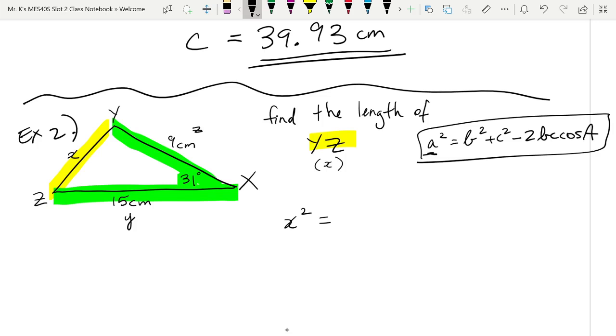All right, did you get that if it's x here, it has to be y and z here, minus 2yz times the cosine of angle x? That last part should totally make sense because it's the only angle we gave you. Angle x has to be the one in the formula, right?